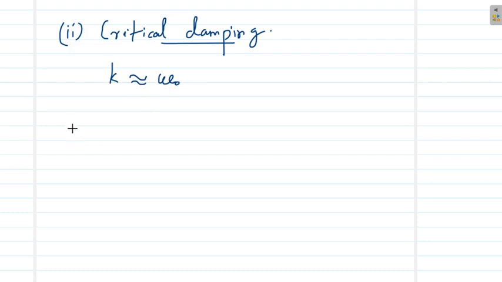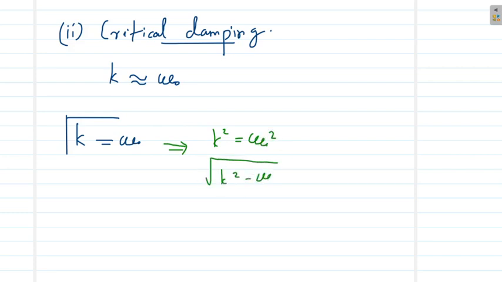So let us first try to find the solution corresponding to k equal to omega 0. Just for fun, let us do that. What will happen if k is equal to omega 0? If k is equal to omega 0, then k square is equal to omega 0 square, and root of k square minus omega 0 square will be simply 0.